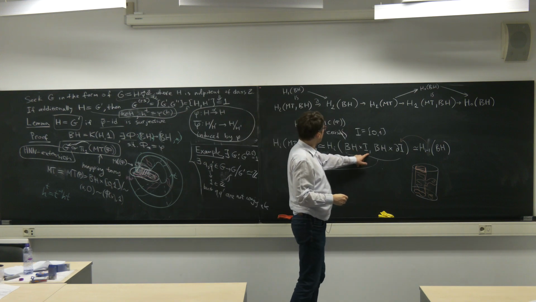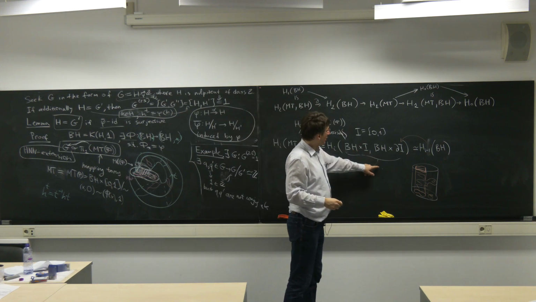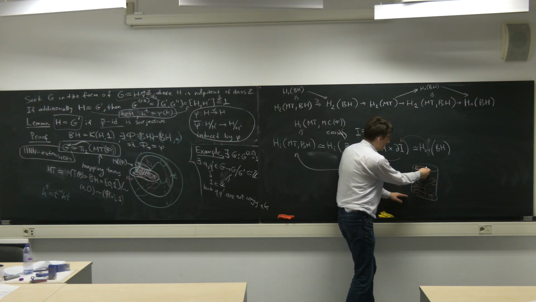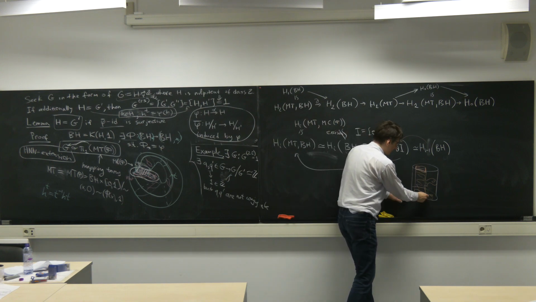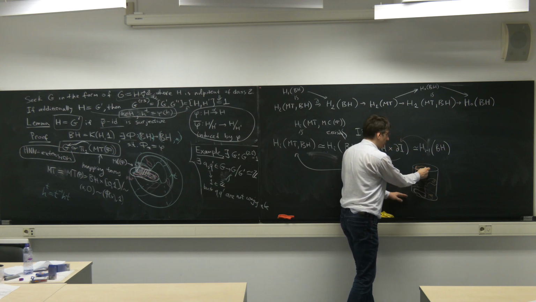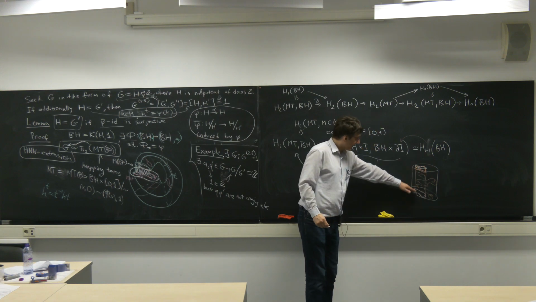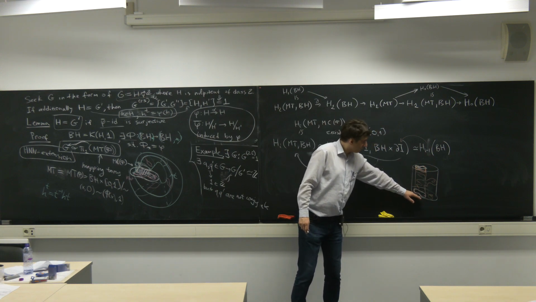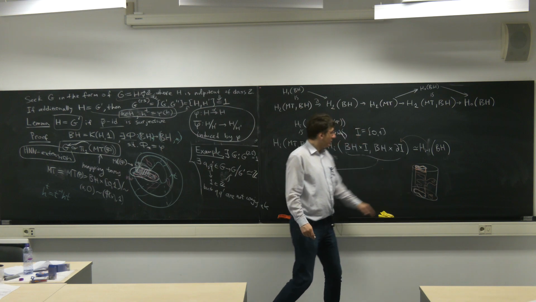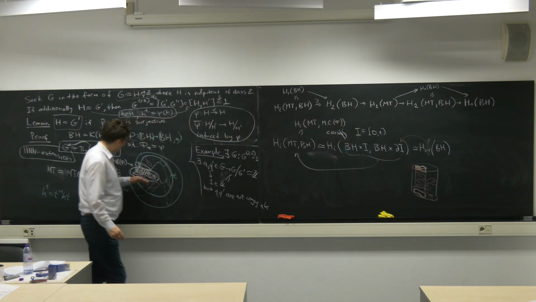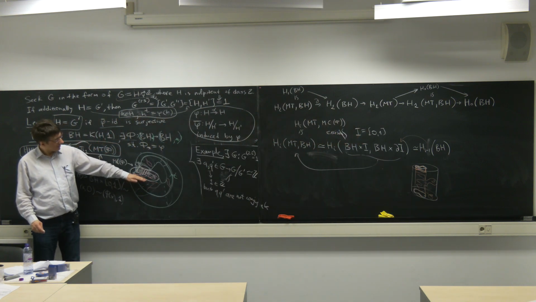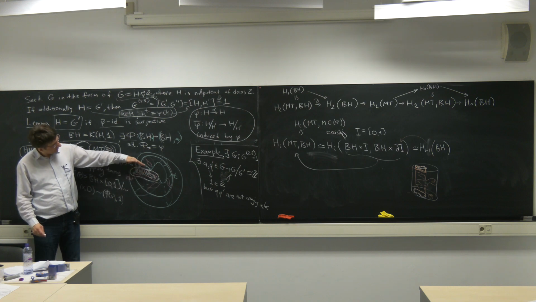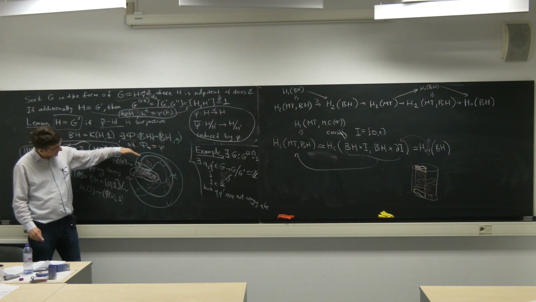If you apply it to this cycle, it will give you its boundary, which has two parts. One part in the top and one part in the bottom. These two parts correspond to loops in the bottom copy of BH and in this top copy of BH, top in the sense of this cylinder.